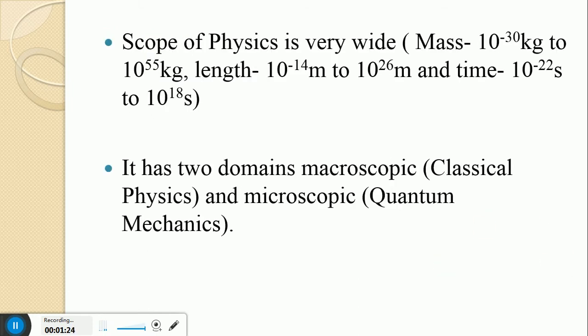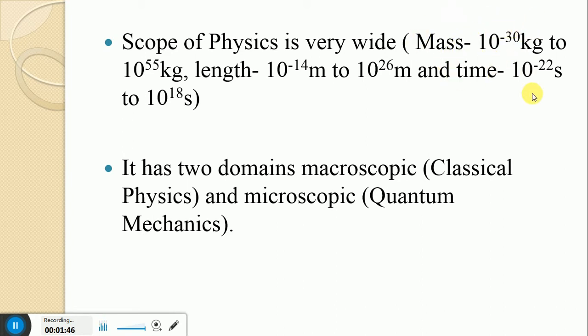Now, physics has a very wide scope, in the sense that it helps us measure different physical quantities such as mass, length, and time over a wide variety of magnitudes.